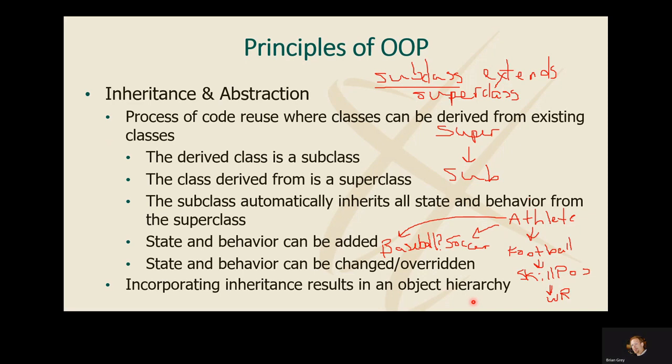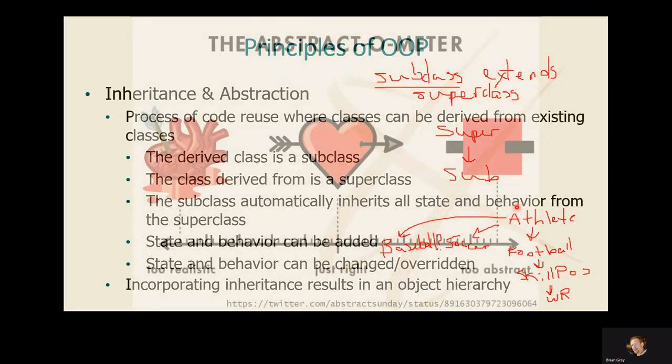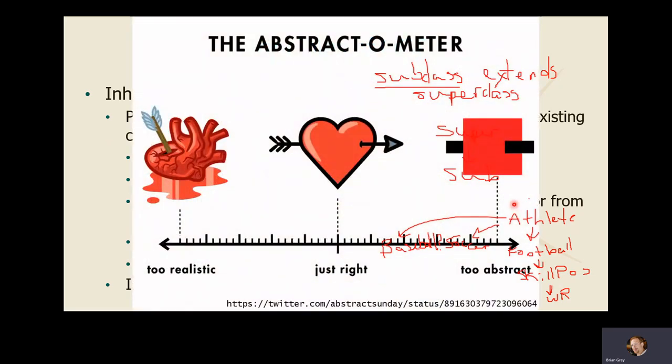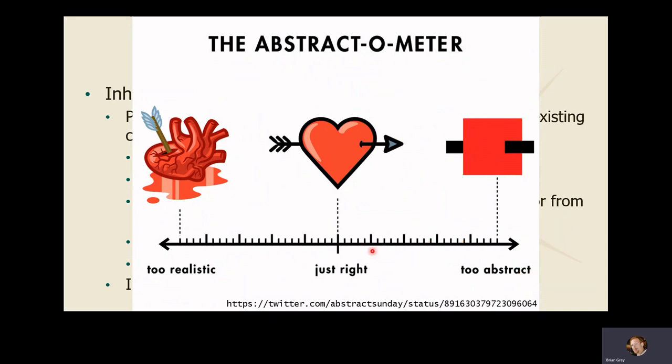So, when we're describing an athlete, we need to describe only what is necessary. We need to capture only what is necessary to describe an athlete. We don't want to capture too much. We also don't want to capture too little. Right, we have a visualization here. Oh, this is on the same page, so I'm going to get rid of this. There we go.